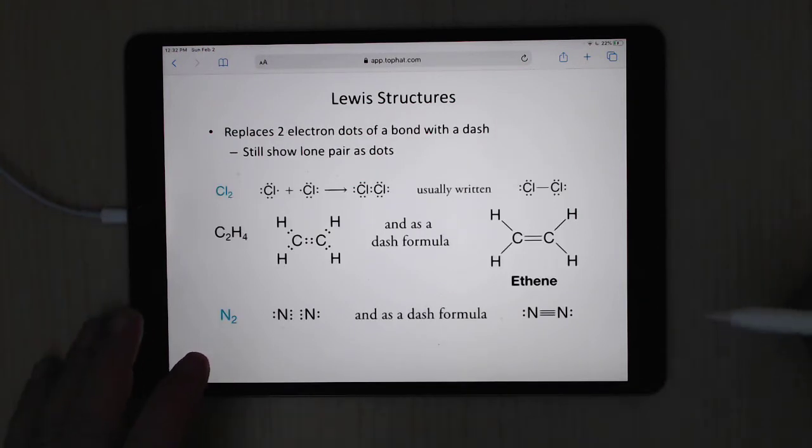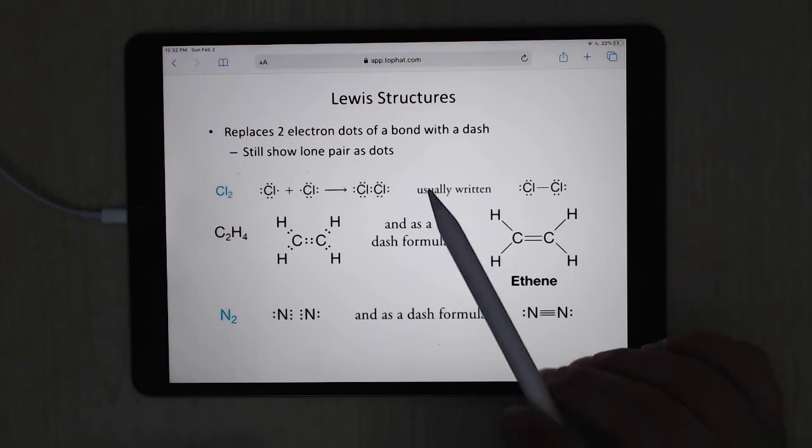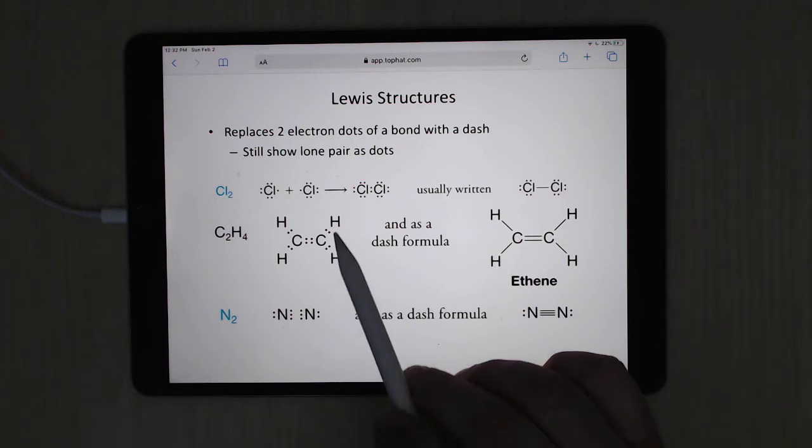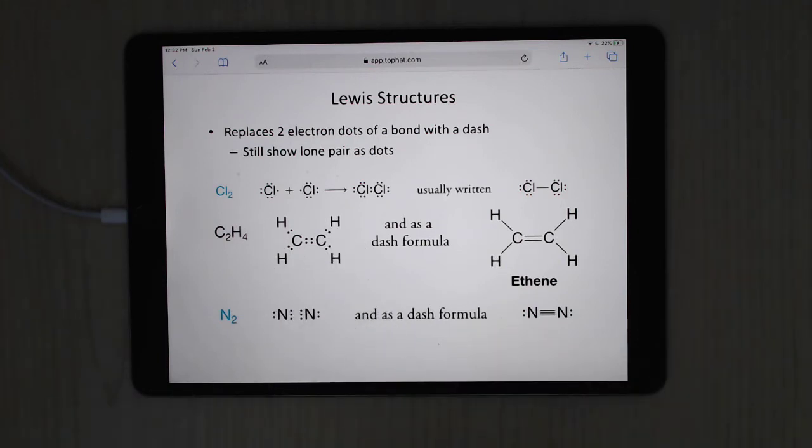But we are going to be switching over to what are called Lewis structures, and this is from Gilbert Lewis. He was a sort of titan of chemistry in the early 20th century. He realized that if you try to draw it like this, where you're putting in all the valence electrons, it becomes very hairy very quickly, because you've got dots flying everywhere.